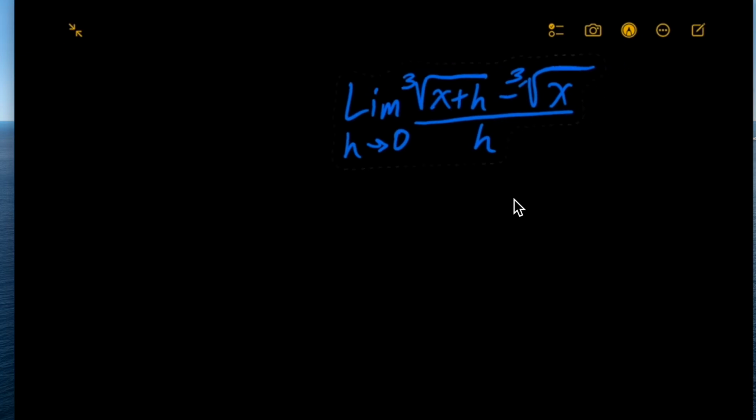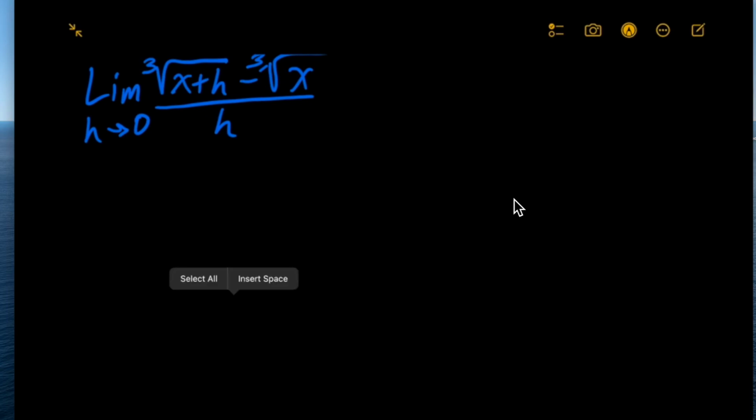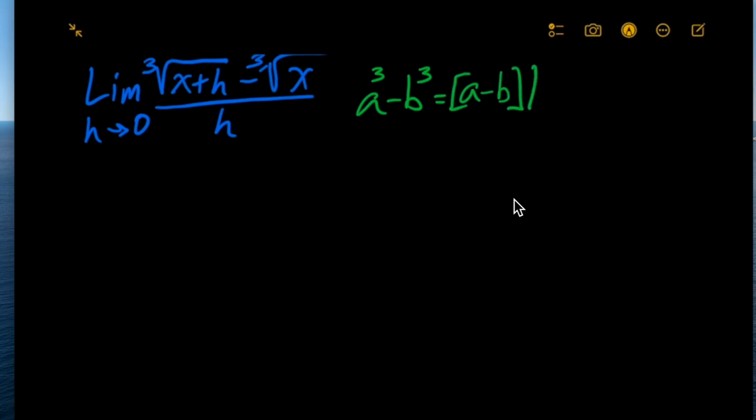That means we are still going to use that identity of the difference between two perfect cubes. So let me remind you what that consists of. If we have a cubed minus b cubed, we have a minus b, times a trinomial.